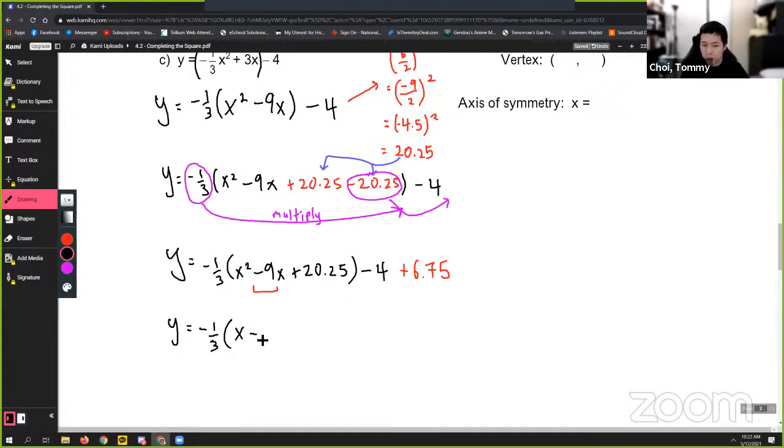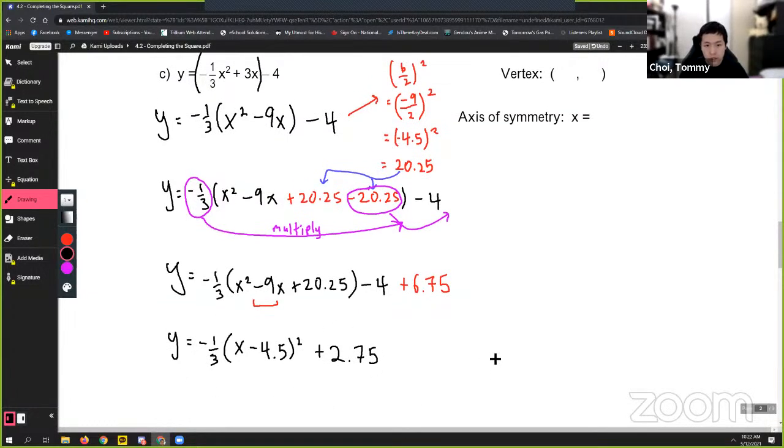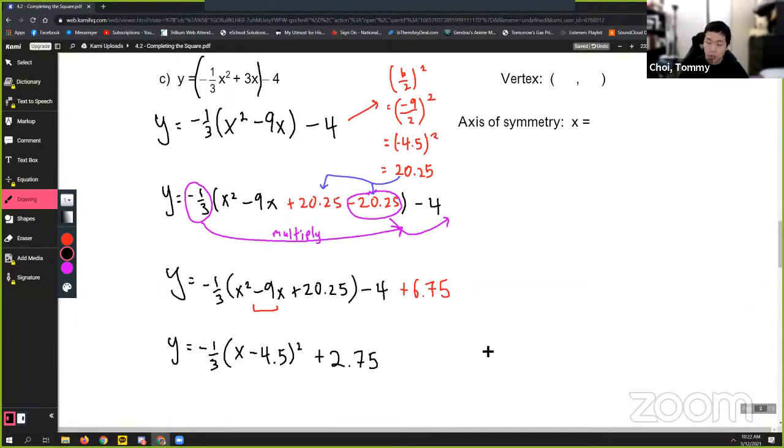Yes, you multiply by 2, so you want to divide. So you get negative 4.5 squared. That's it. That's the factor. Then we add this at the end. Negative 4 plus 6.75 will give us plus 2.75. And that's your final answer. Okay? So that's how you complete the square, right?